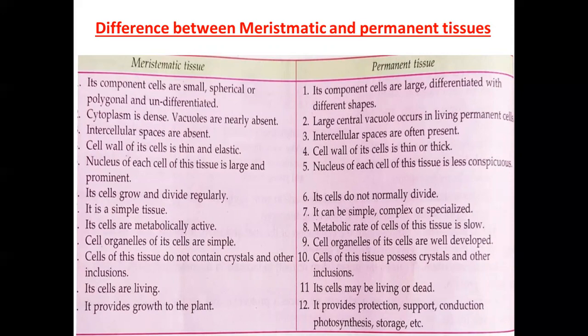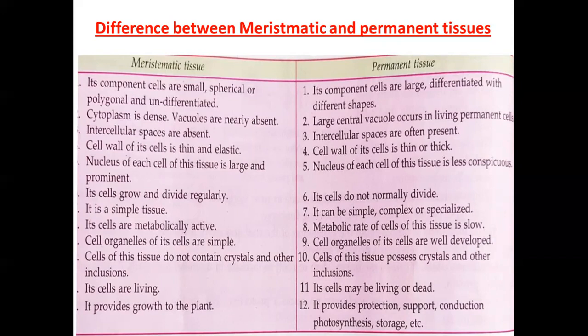The nucleus of each cell of meristematic tissue is large and prominent, but in permanent tissue, the nucleus of each cell is less conspicuous. Next, in meristematic tissue, the cells grow and divide regularly, but in permanent tissue, the cells do not normally divide. Meristematic tissue is simple tissue. Permanent tissue can be simple, complex, or specialized.